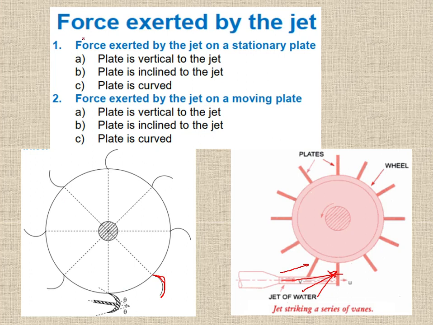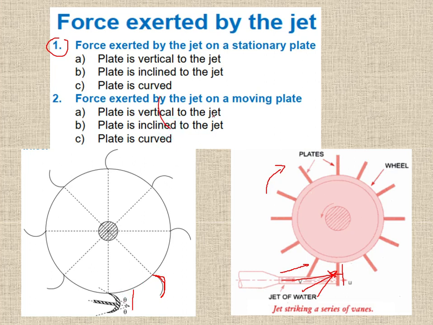Here we can see the force exerted by the jet. The first condition we are considering is the force exerted by the jet on stationary plates, and second, the force exerted by the jet on a moving plate. In the case of stationary, the plate is vertical to the jet, just like this, and this is also vertical to the jet.